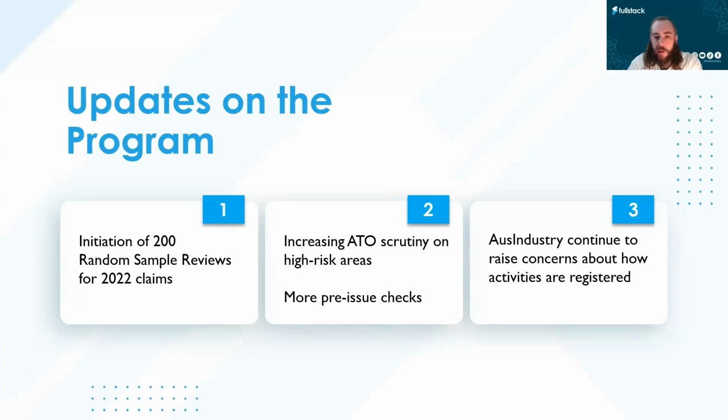So there is a bit of an increase from the ATO on certain high-risk areas. We have a few more pre-issue checks recently. So normally your tax return would be processed without anyone really having too much of a look at it, apart from in rare circumstances. We are seeing some more activity there, particularly when it comes to companies that have high levels of associate expenditure.